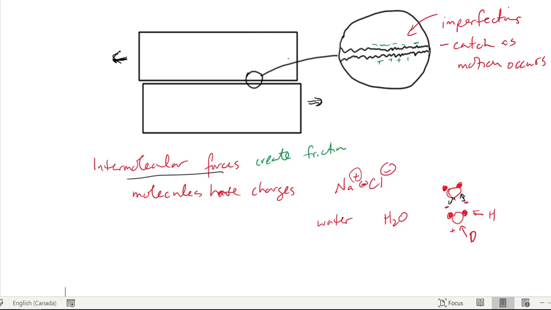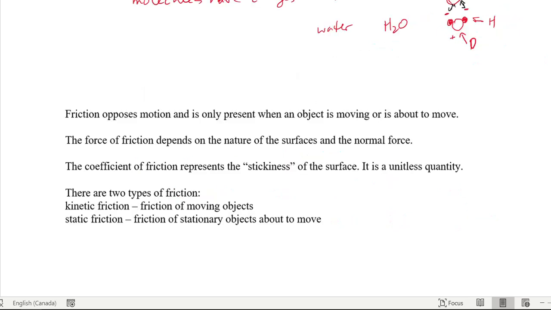So you can never eliminate friction. You can make the surface as smooth as possible to get rid of these imperfections, but you would still have intermolecular force. This is why friction is present. As I said before, friction opposes motion and is only present when an object is moving or about to move. I'll explain what I mean by about to move in a minute.